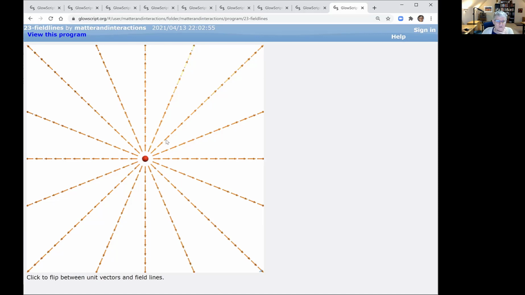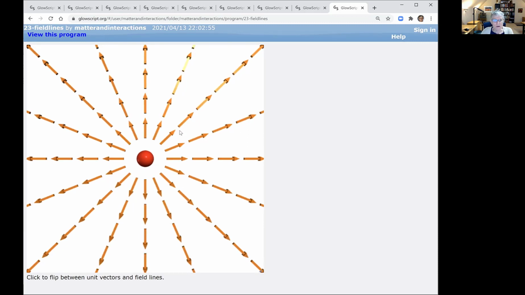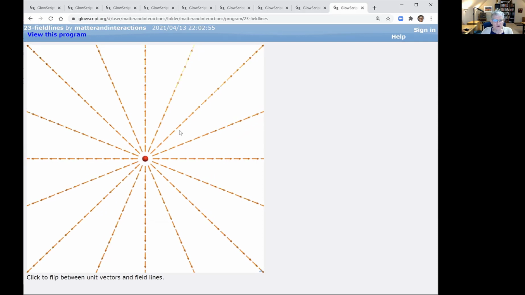The tail of the arrow is at the location where we're measuring the field, but the length of the arrows are all the same. So we're not showing the magnitudes here. This is only the direction of the electric field. So we have these unit vectors in the direction of the electric field around this charge measured at various locations.